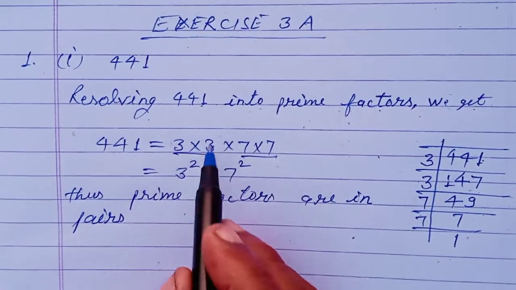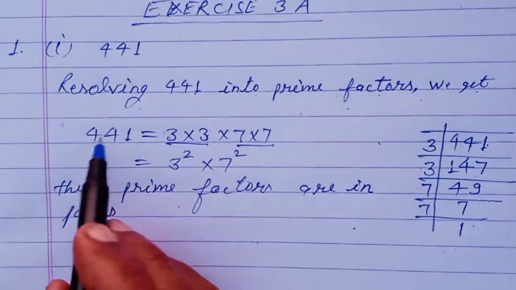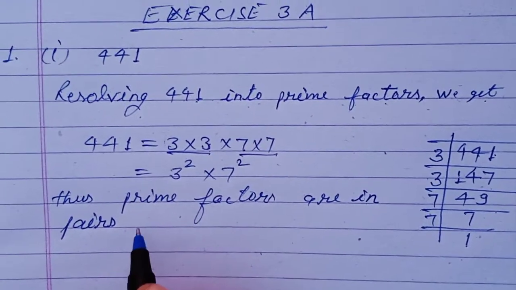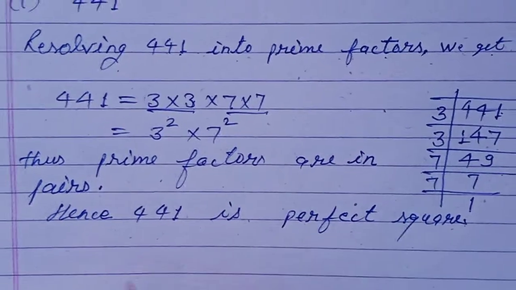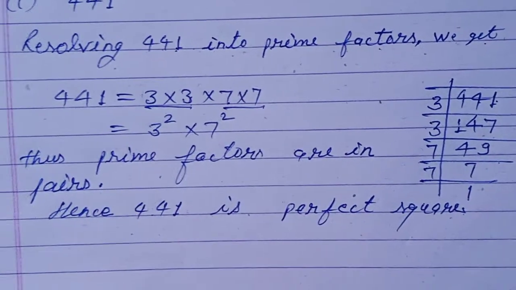Pair means group of 2. 7 is a prime factor and this is in pair. So 441 is a perfect square. Hence 441 is a perfect square.